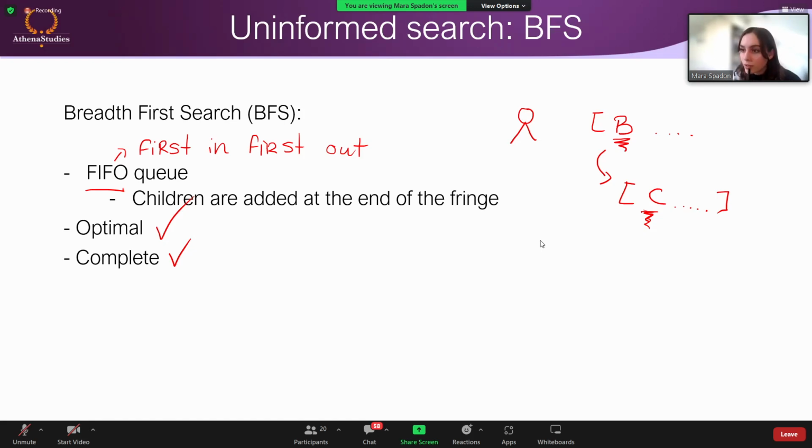So if a node has infinite children, it is not complete.